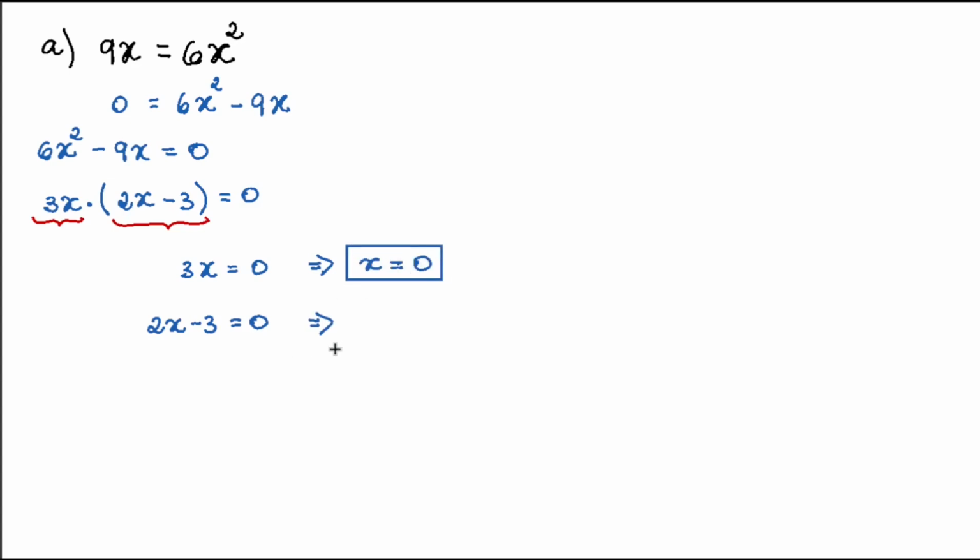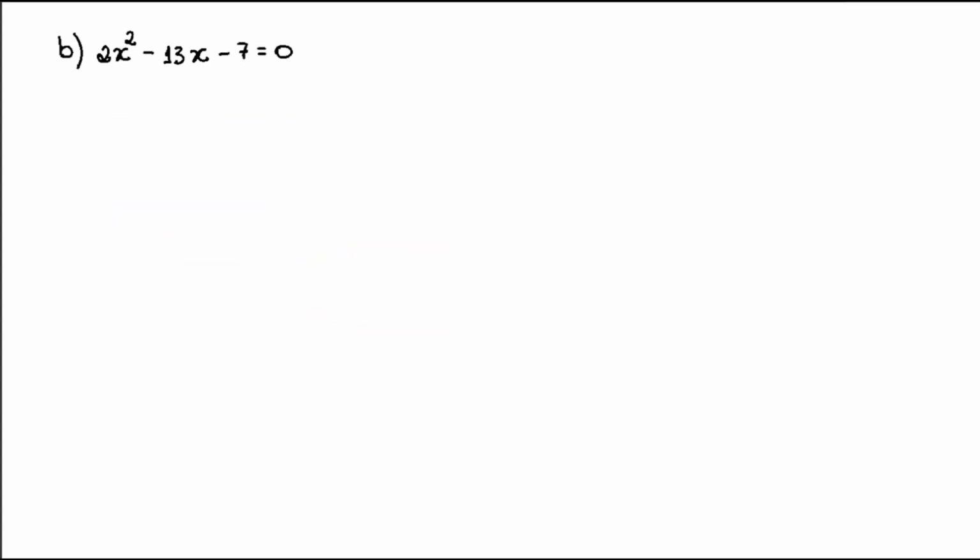Now let's solve the second equation. Adding 3 to both sides, we have 2x equals 3. Then we divide both sides by 2. We have x equals 3 over 2. So the solutions to the equation 9x equals 6x squared are x equals 0 and x equals 3 over 2.